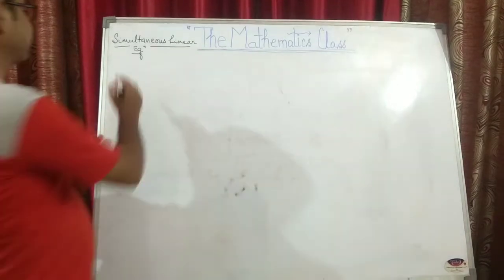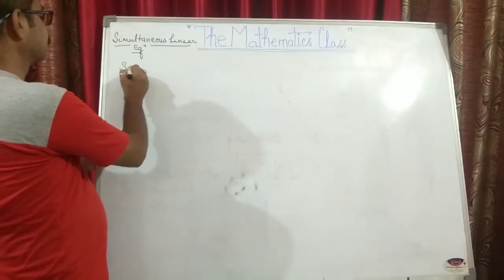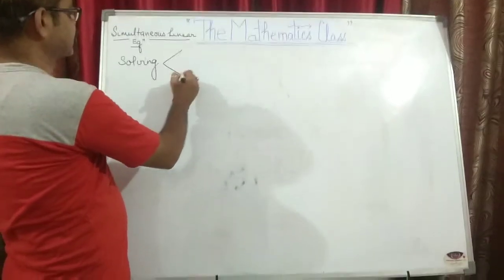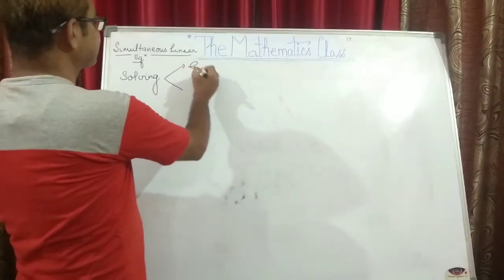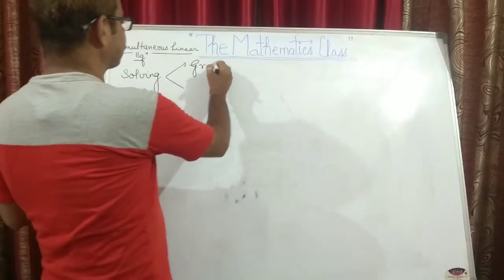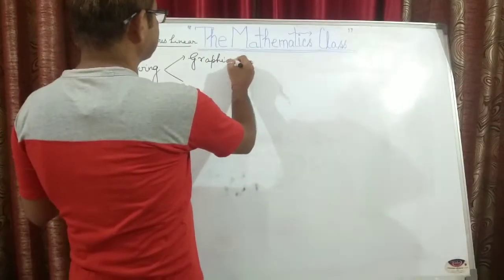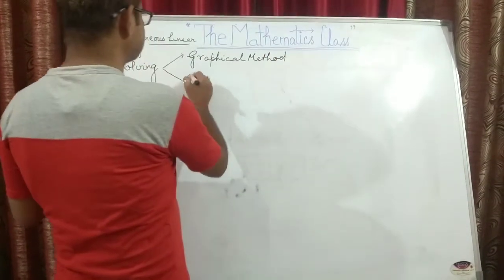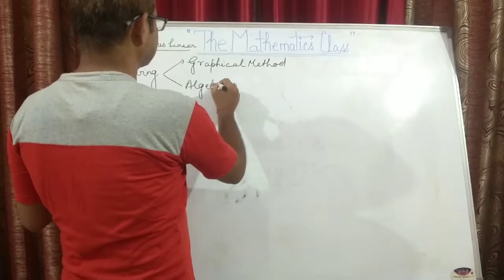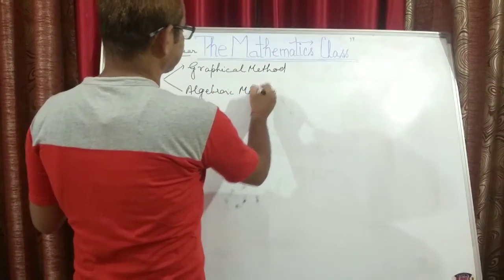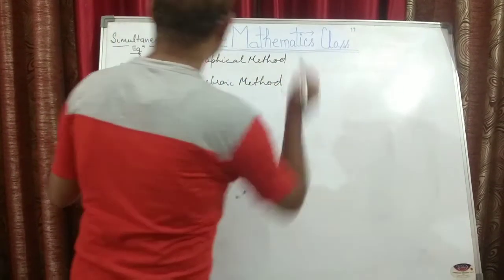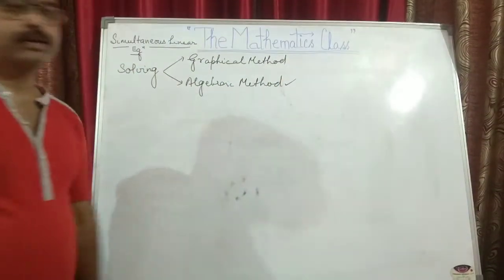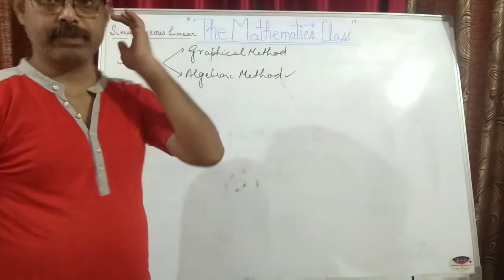When you are solving simultaneous linear equations, it has two methods: graphical method and algebraic method. First we will study the algebraic method, and then the graphical method.